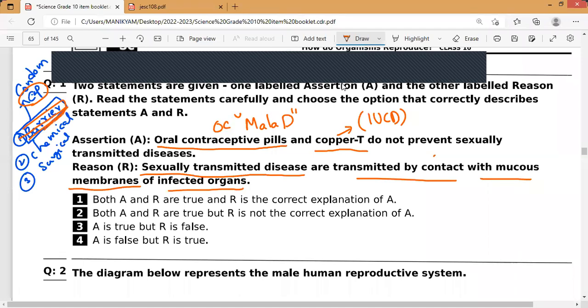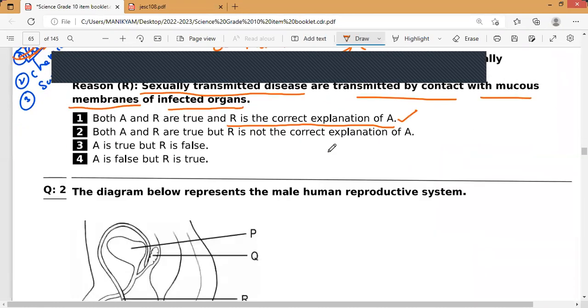Only with barriers is there no direct contact between the male and female genital organs. So what is the correct answer? Both assertion and reason are true, and R is the correct explanation of the assertion. That is what you have to remember. So the first question is that one.